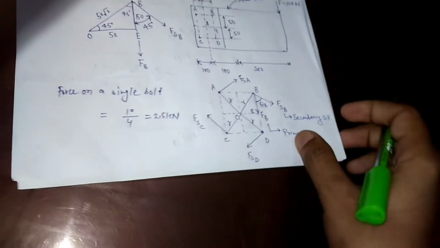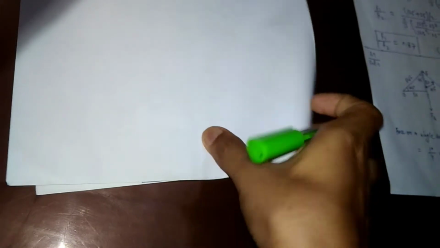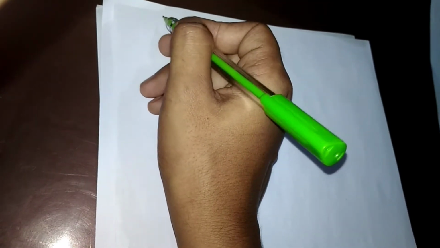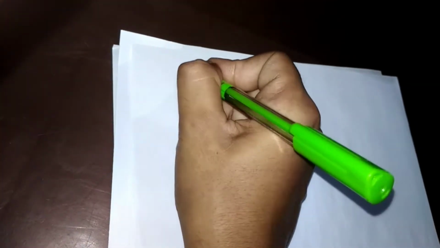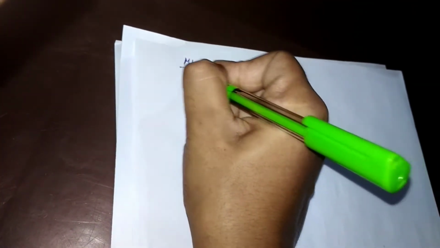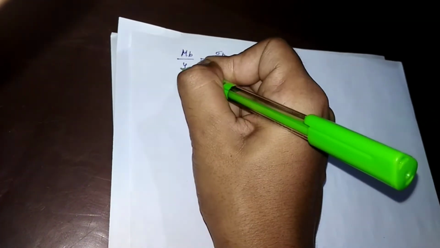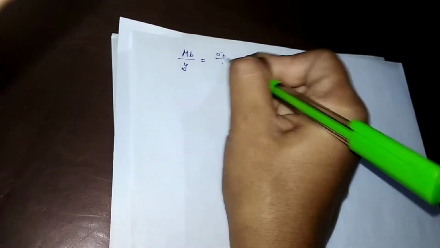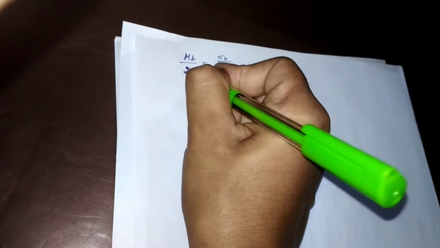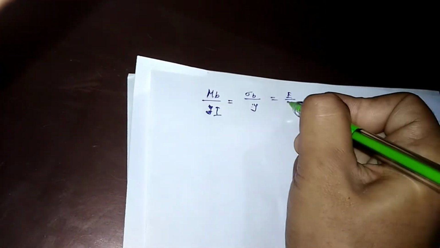So we have an equation which is taken from strength of materials, which is Mb upon I equals sigma b upon y is equal to E upon R.